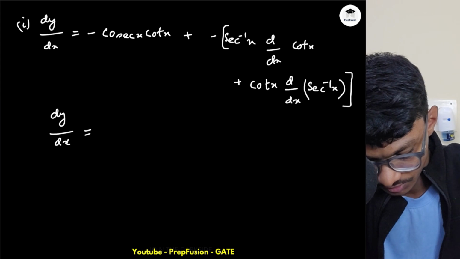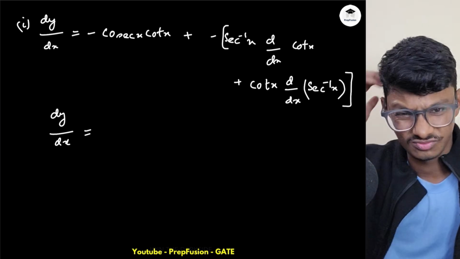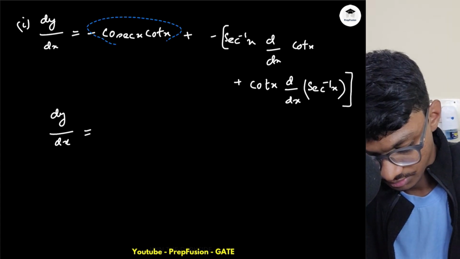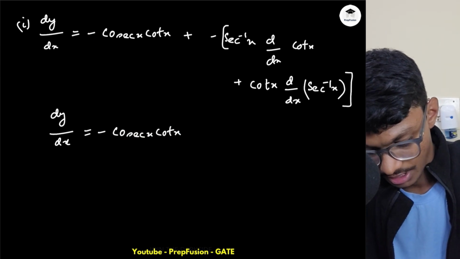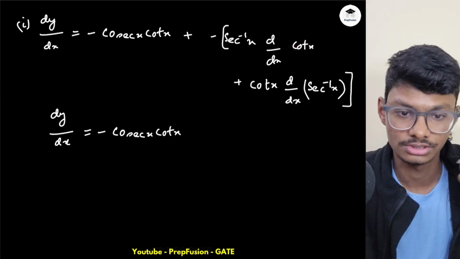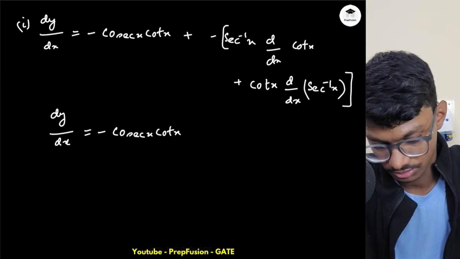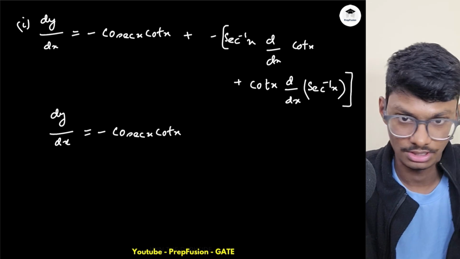So dy upon dx will be equal to cosec x into cot x. So it is 1 by sine into, let me keep it like this only, and this. So what is this? This is minus cosec square x. If you remember correctly, what is the differentiation of tan x? Tan x is plus sec square x.